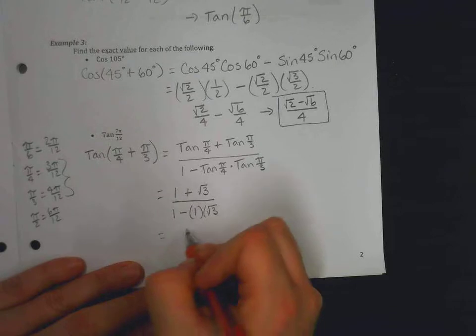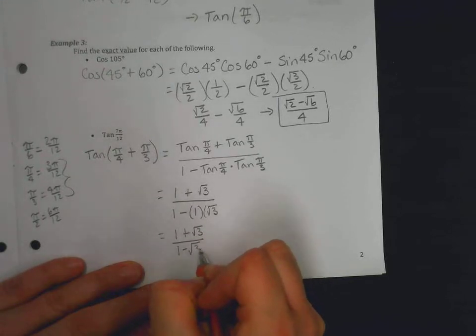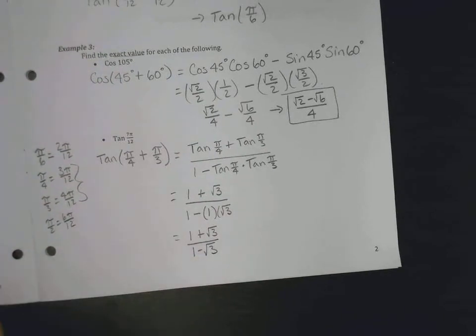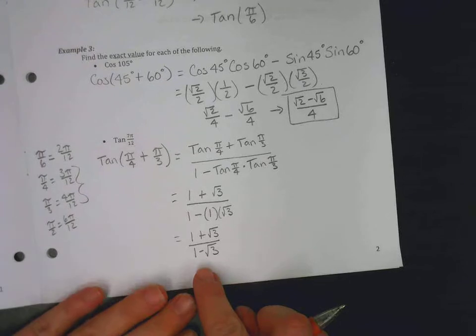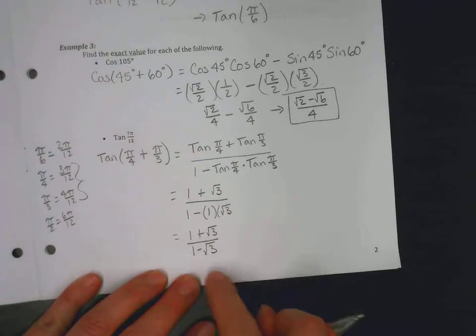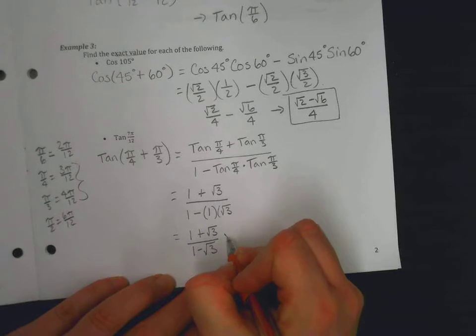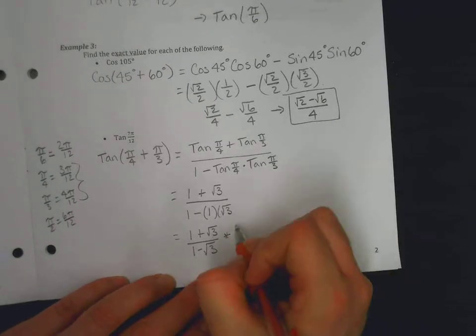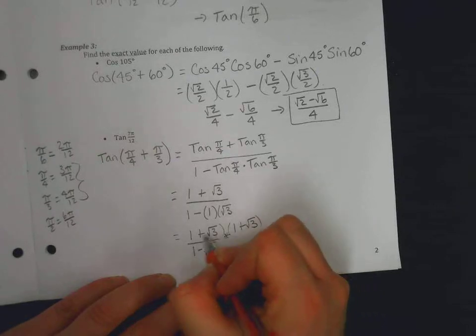So what we get is 1 plus root 3 over 1 minus root 3. All right, a little tricky now. We generally do not want radicals in our denominator, so I have to rationalize this denominator. So thinking back to Math 20, how do I rationalize this denominator? I'm going to multiply this by what we call the conjugate of the denominator.